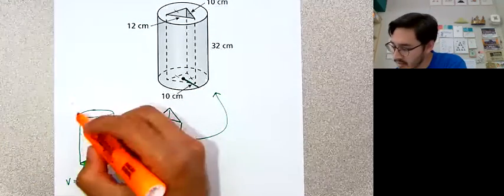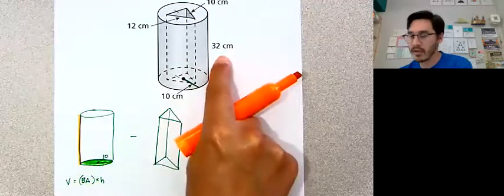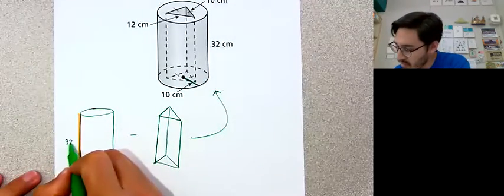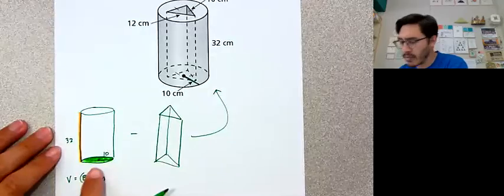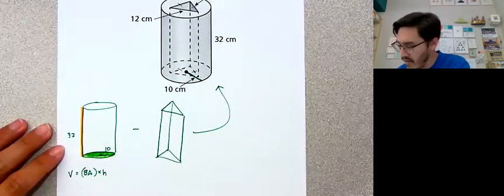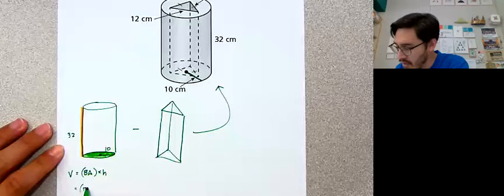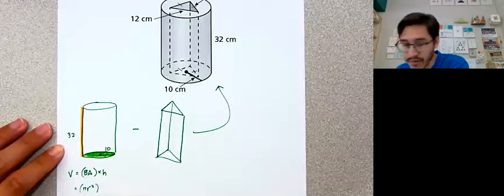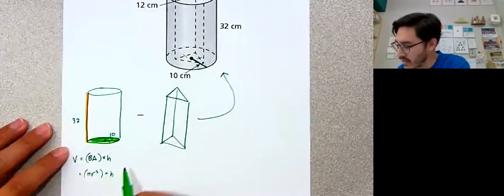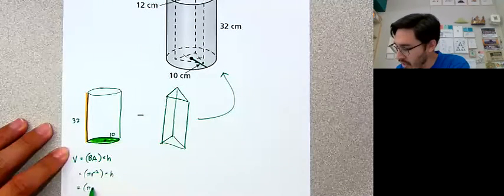The height is going to be 32 centimeters. Because it's a circle on the base, we're going to use pi r squared, the formula for the base area of a circle, and multiply that by height. So that's going to be pi times 10 squared times 32.